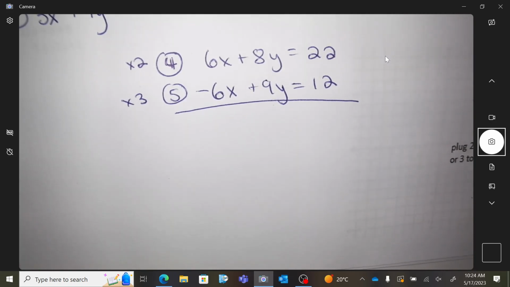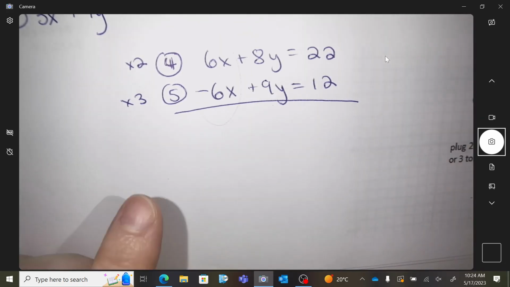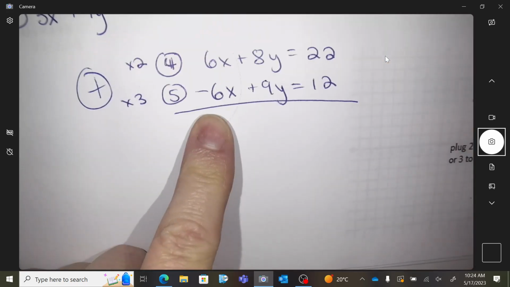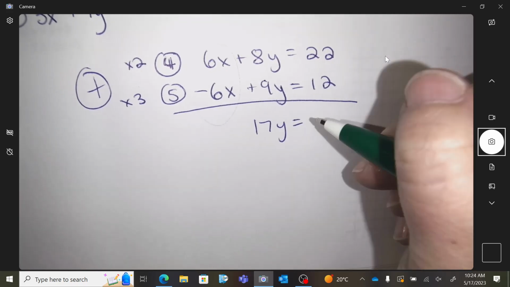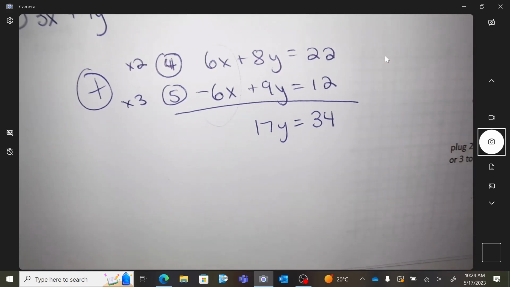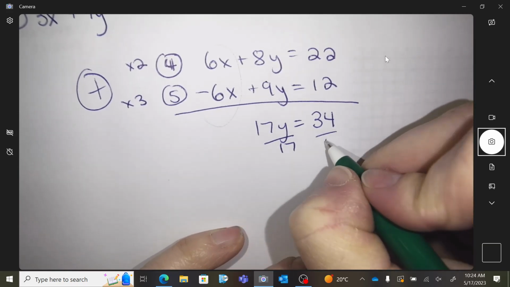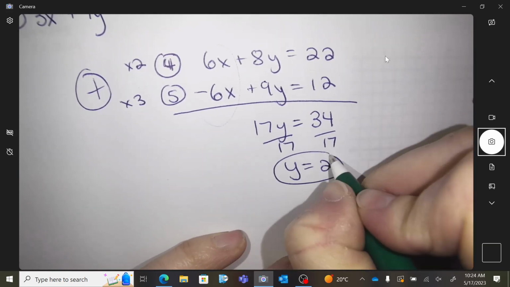That's fine as well. The only thing it would change is if you're adding or subtracting when you're done. The way I did it, would I want to add or subtract those numbers? Add. So gone, 17y, 34. So this is like grade 10. I got one thing now, so y equals 2.